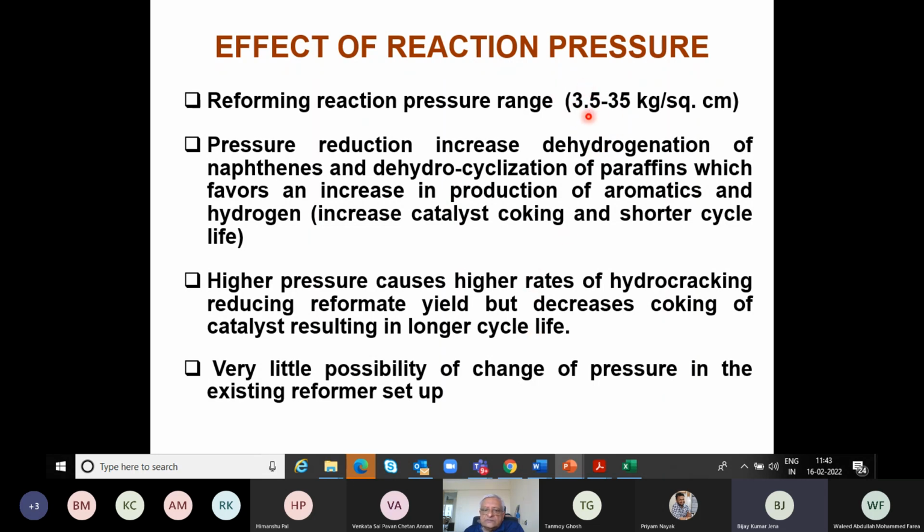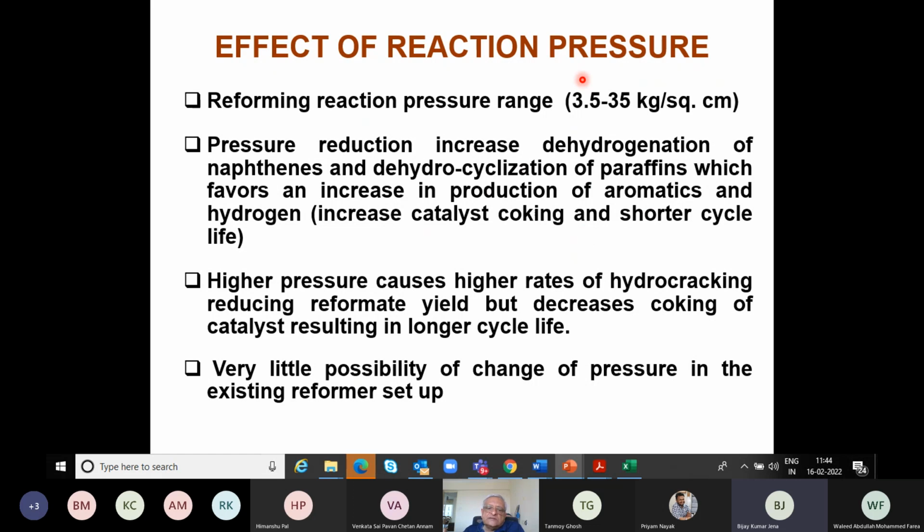But at 3.5 kg, you cannot design a semi-regenerative reformer, because the pressure reduction increases the dehydrogenation of naphthenes and dehydrocyclization because of Le Chatelier's principle. But on the other hand, it increases the catalyst coking, and so the catalyst has a shorter life, and so you actually have to get into regeneration immediately.